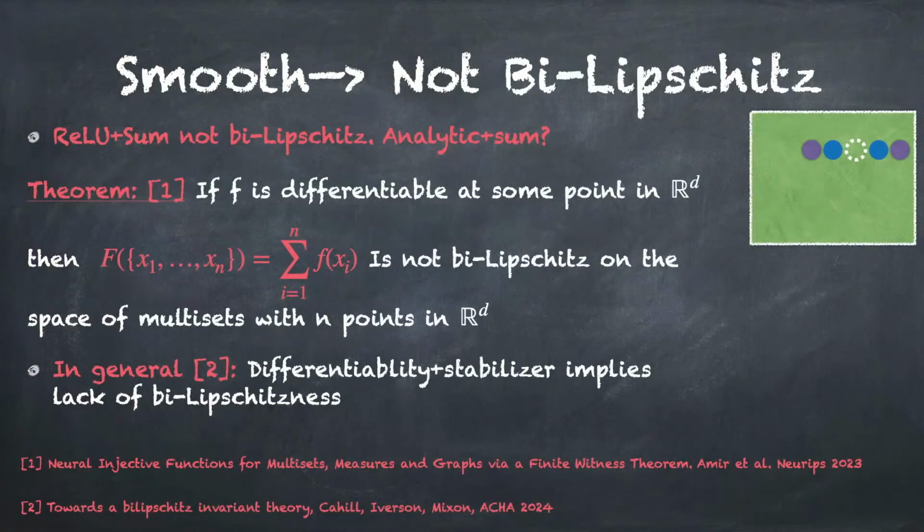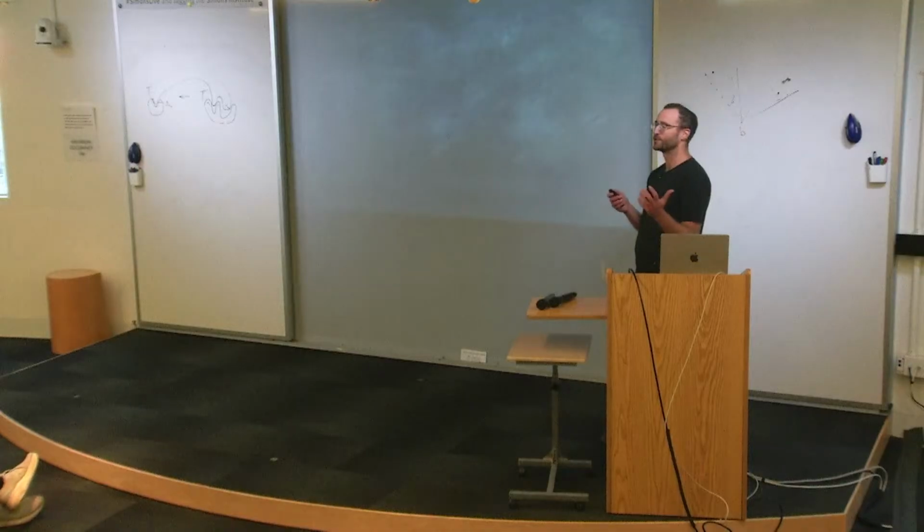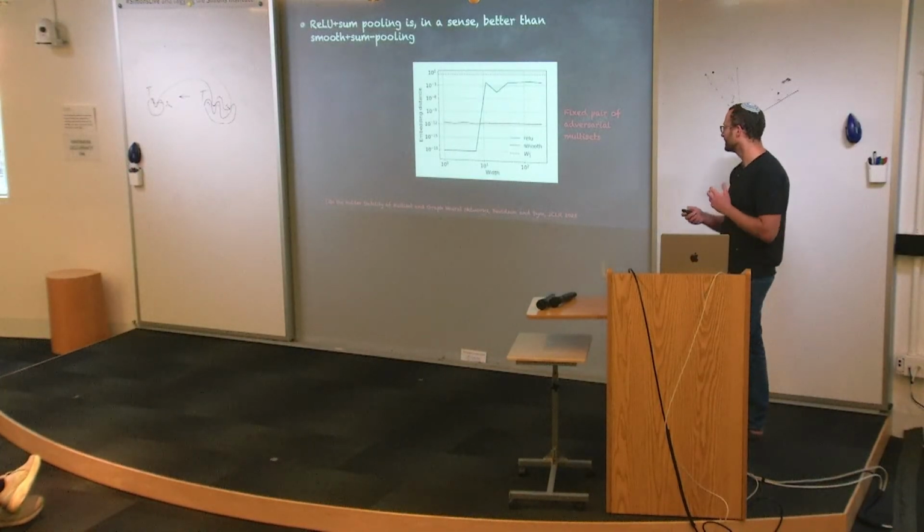In our case, these points converge to a multiset with two elements which are the same, and that has a stabilizer because you can change the order. Again, this is a general result. So if you want something which is Bi-Lipschitz, you actually might need to be not differentiable. That's the result.